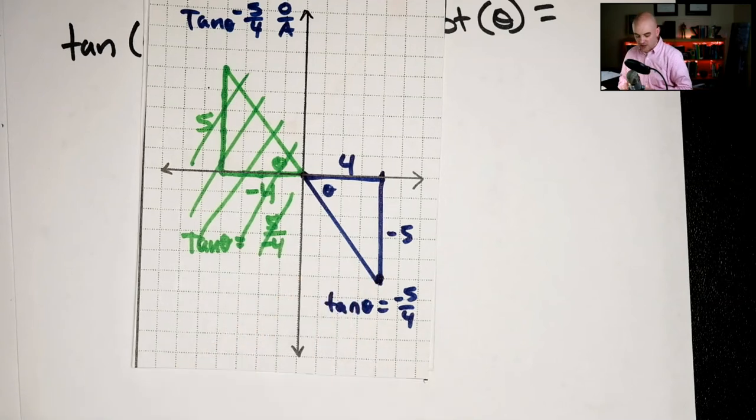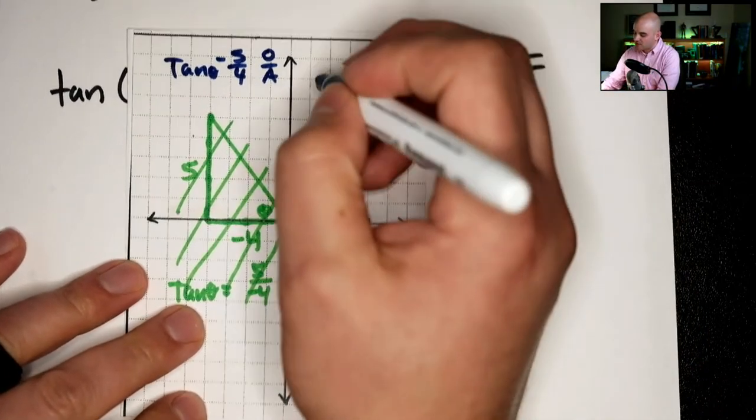Now we do need to figure out the hypotenuse, and I will say that for our problems here, the hypotenuse is always going to be positive. So you never have to worry about making the hypotenuse negative. So I'm going to use the Pythagorean theorem to figure out the hypotenuse.